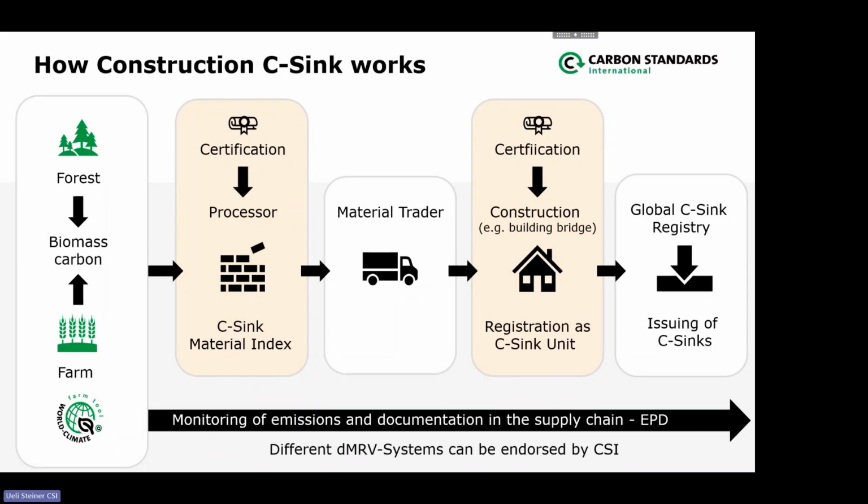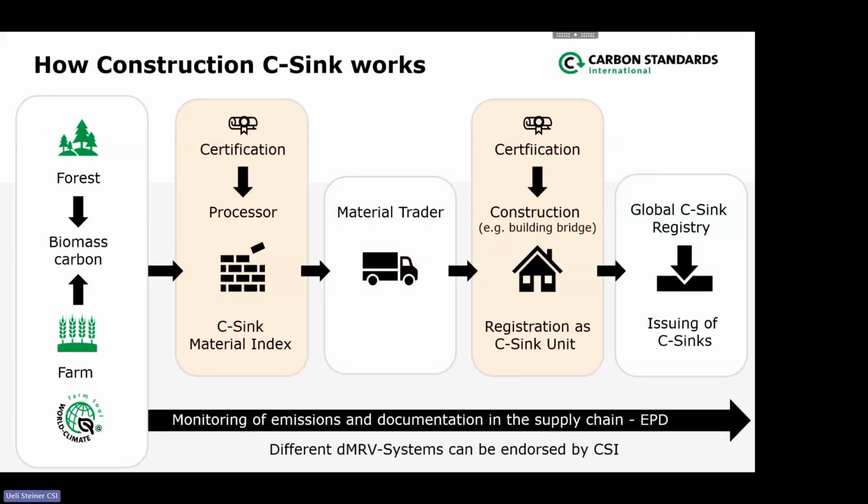And I would like to come back to one question, I think, from the chat. Different DMRV systems, digital monitoring, reporting and verification systems, can be used for this supply chain verification. And also in other standards, we have the system that these DMRV systems can be endorsed by Carbon Standards International and then used for this tracking if necessary and if needed.